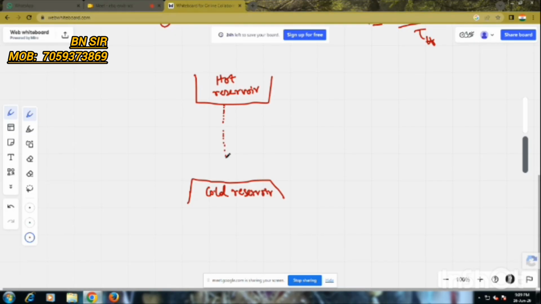From the hot reservoir, QH amount of heat is taken to the cold reservoir, but during the transformation of QH some amount of energy is lost. This lost energy is nothing but work.